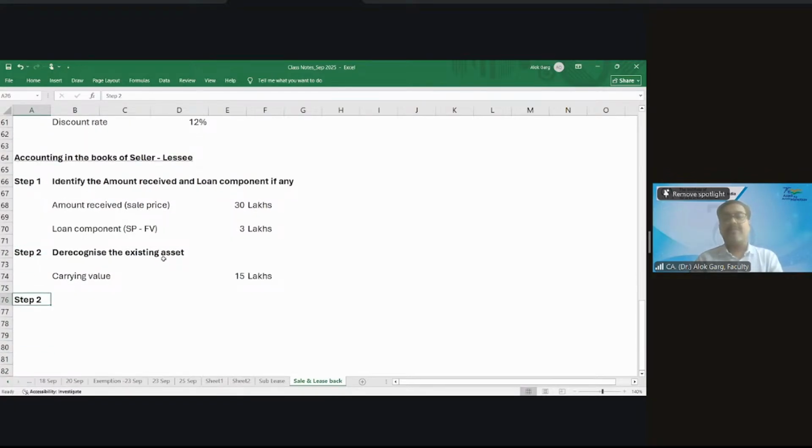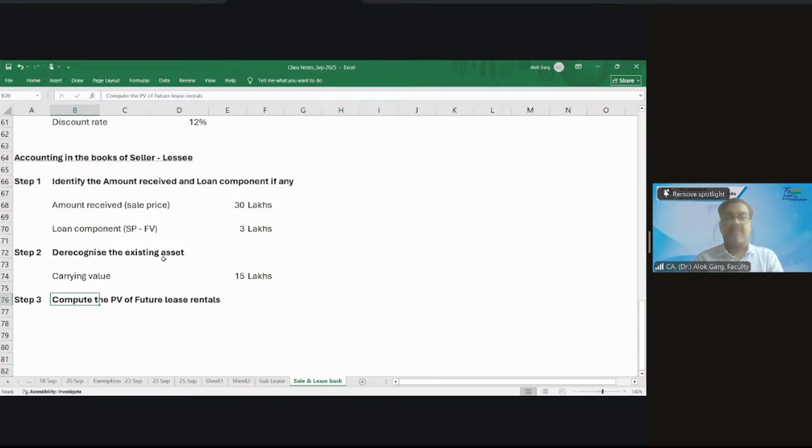Step number 3. Compute the present value of future lease payment. Do we know the present value? No, but we have the full value: 2 lakh rupee annual rental and 20 years is the lease term.